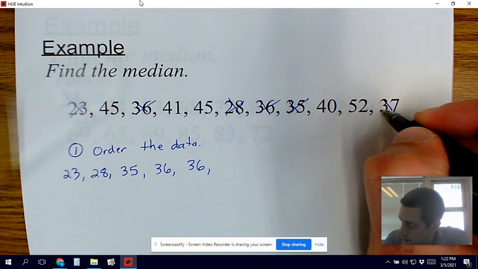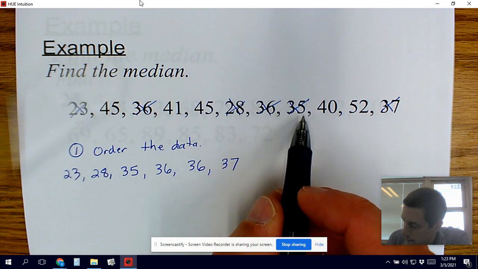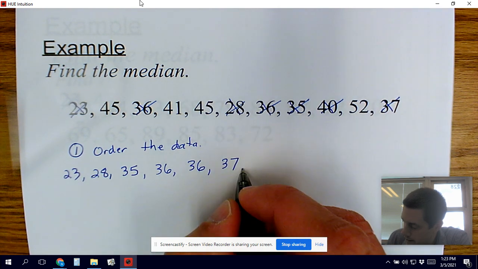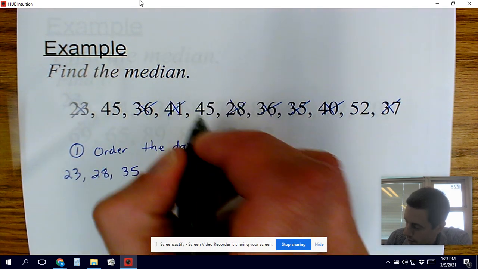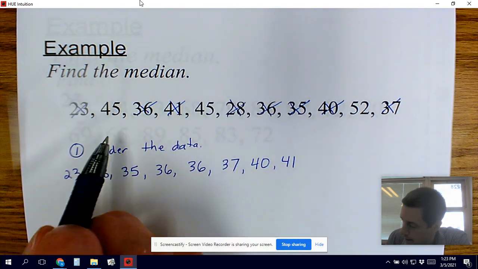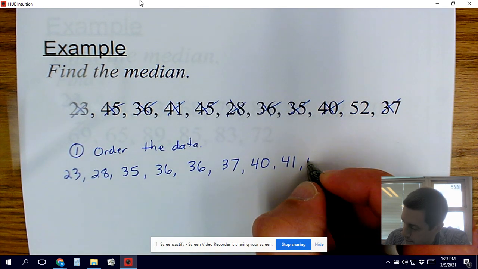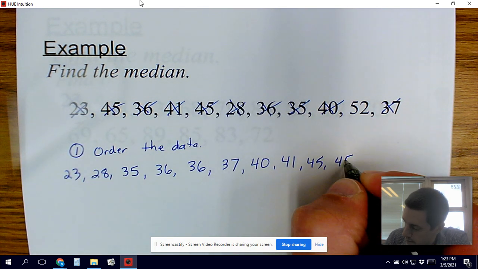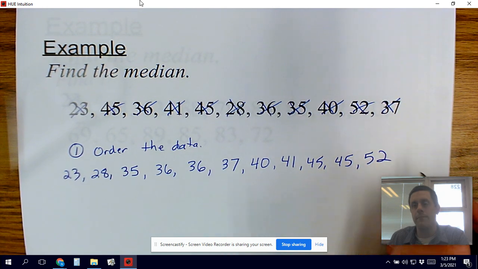And then we have a 37. Looks like 40 would be my next least value that I have not yet listed, followed by a 41. I've got 2 45s. And finally, the greatest value in the set, 52.